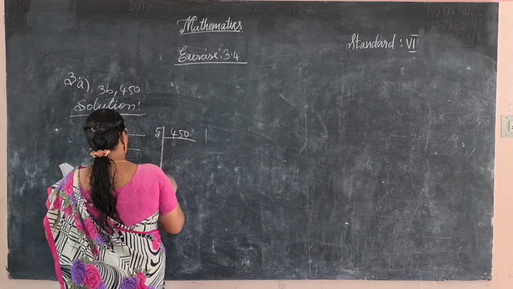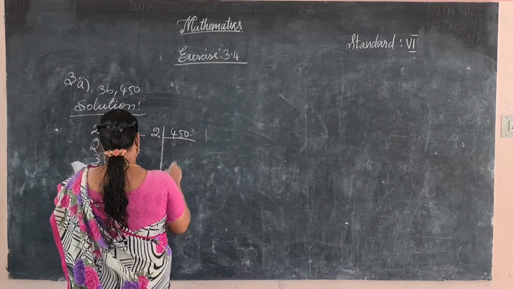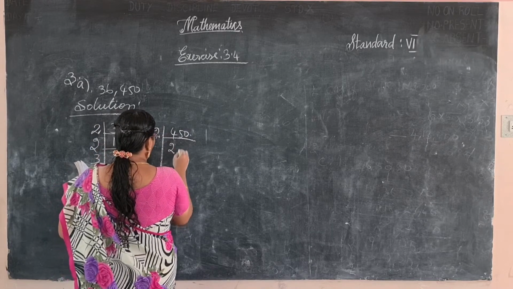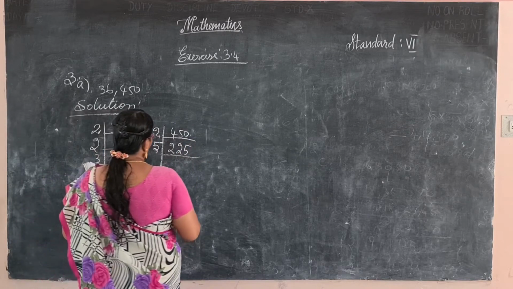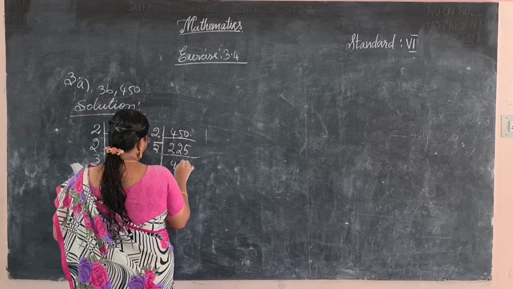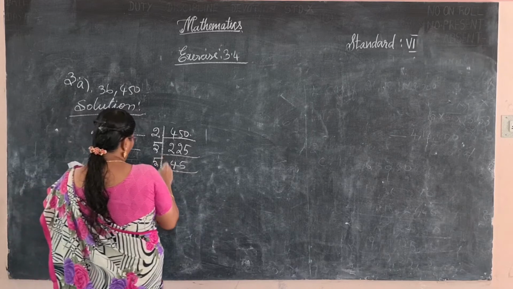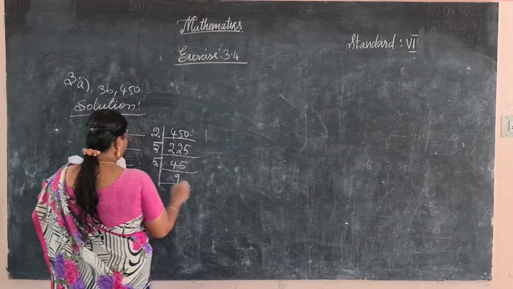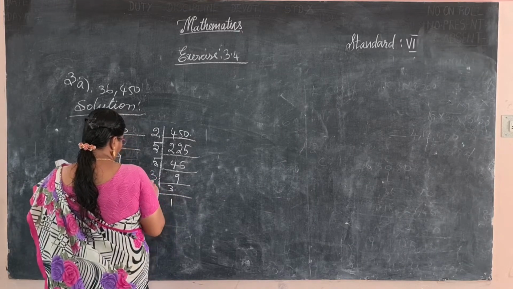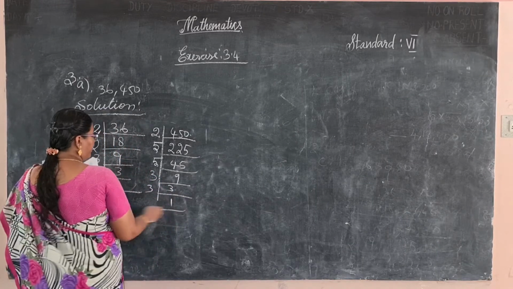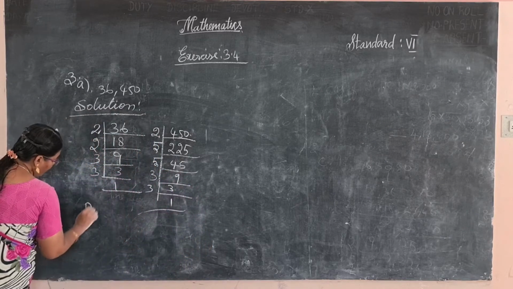Here 2 table, 2 twos are 4, 2 fives are 10. Now using the 5 table, 5 fives are 25. Now using 5 table, 5 nines are 45.